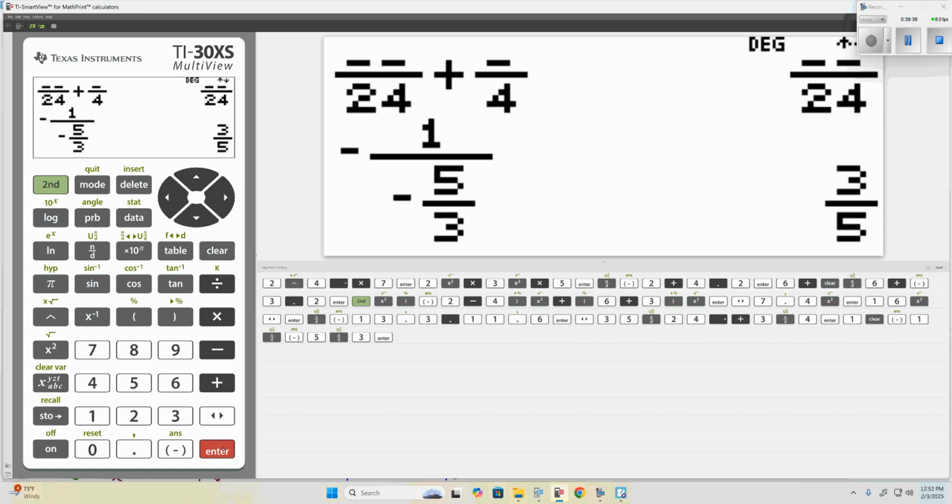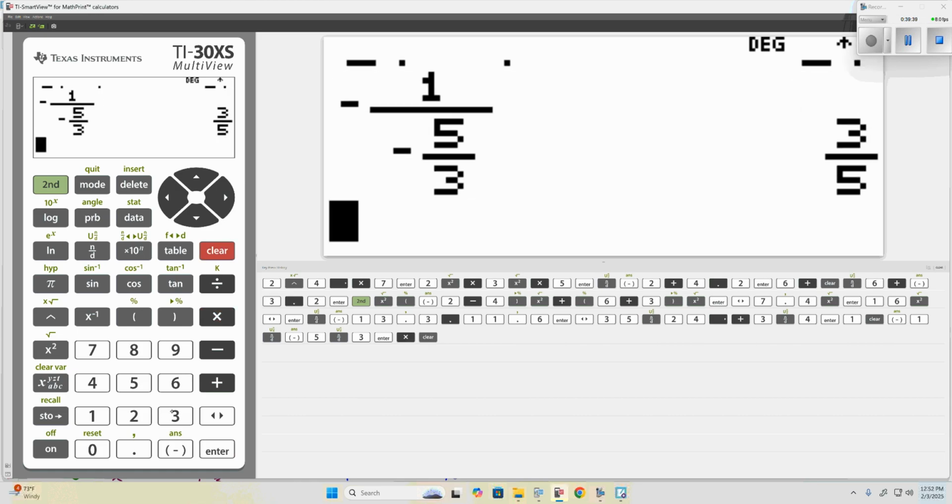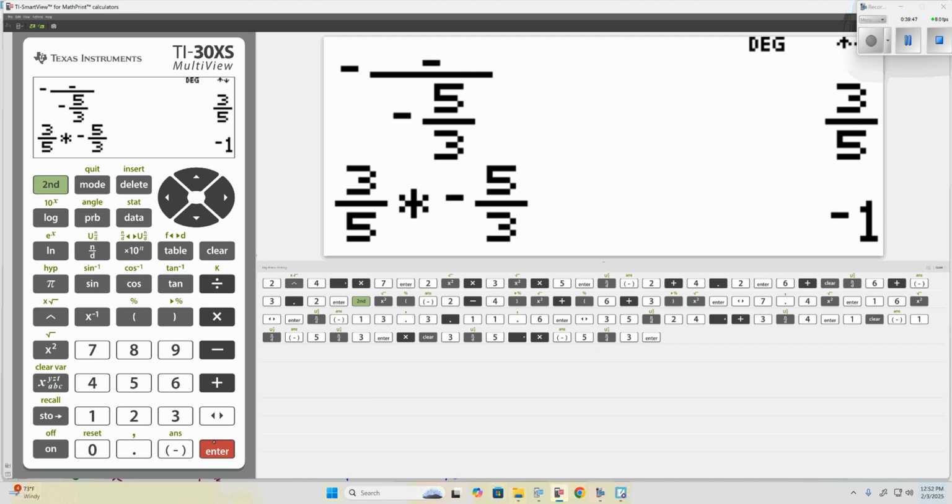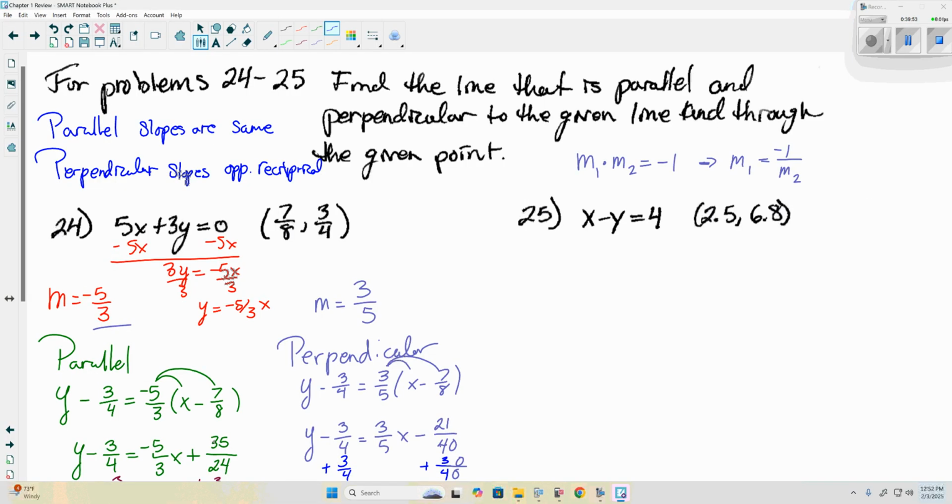If you want to verify, we can take 3/5 and multiply it by our -5/3, and if we do get -1, they are indeed perpendicular slopes. Questions on this here? I think we're good on finding perpendicular and parallel, yes?